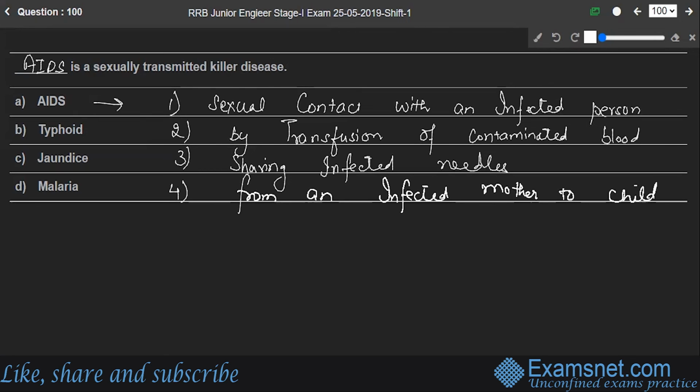So these are the ways in which this disease is transmitted. And if I talk about the rest, first of all, let's talk about this only. This is caused by the human immunodeficiency virus.